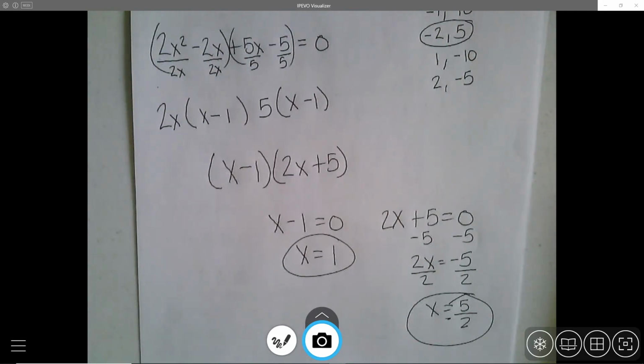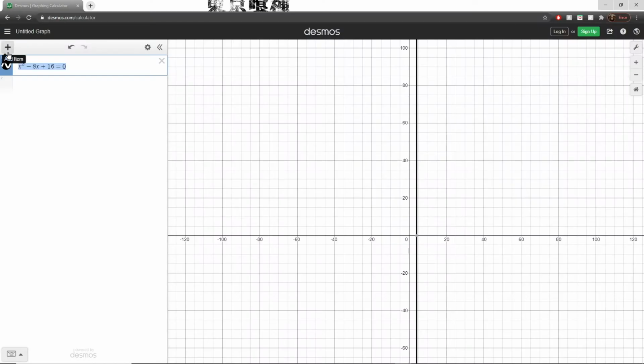Okay, so let's look at the graph of this one, especially since this is not a whole number. Now looking at our f, I have 2x squared plus 3x minus 5 equals 0.